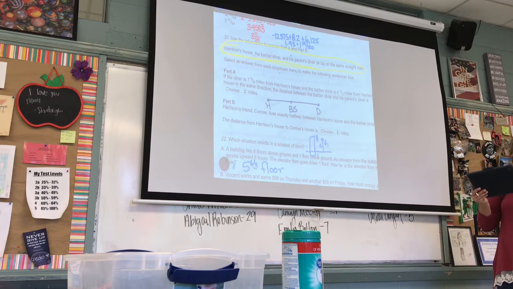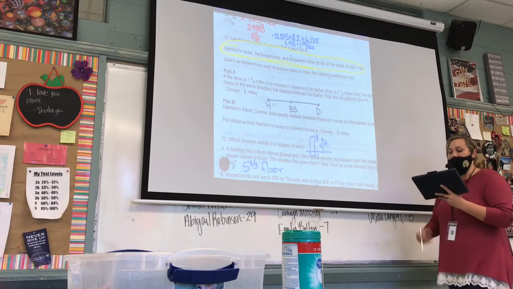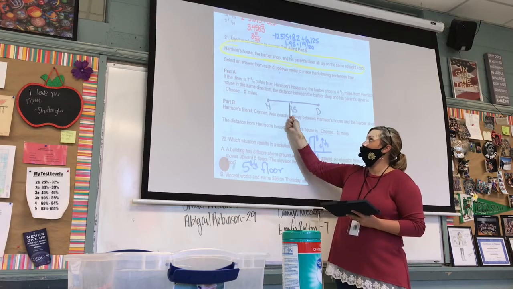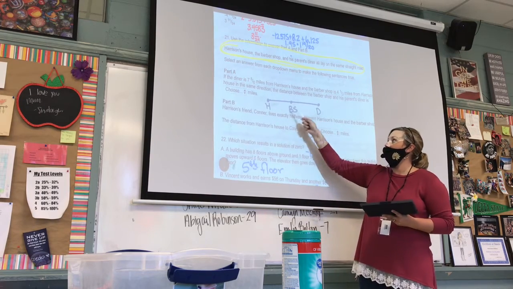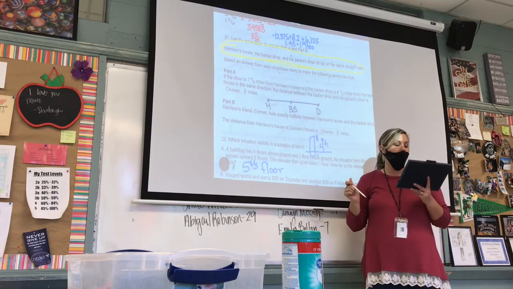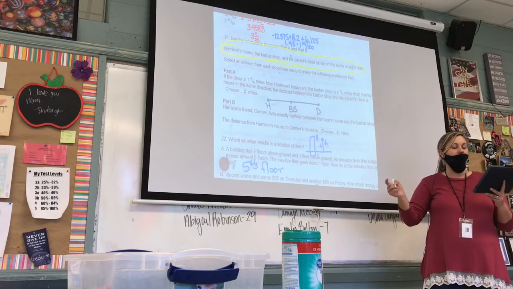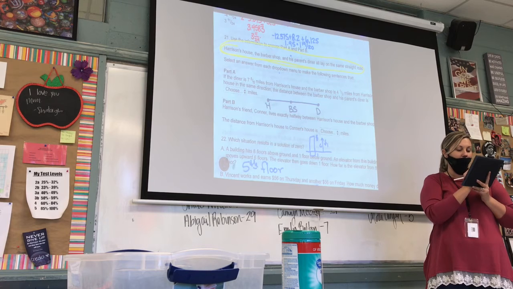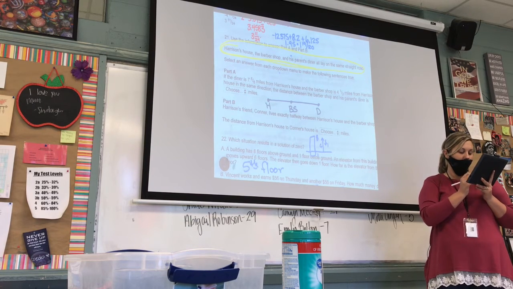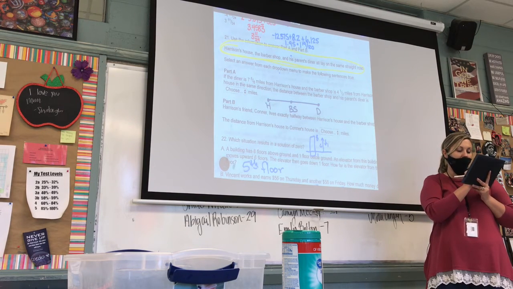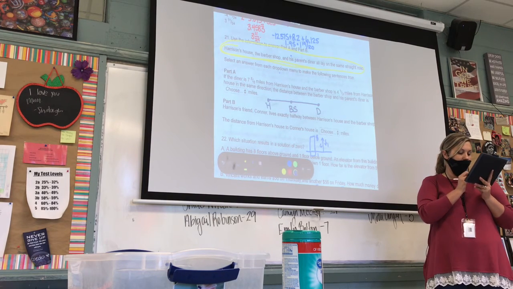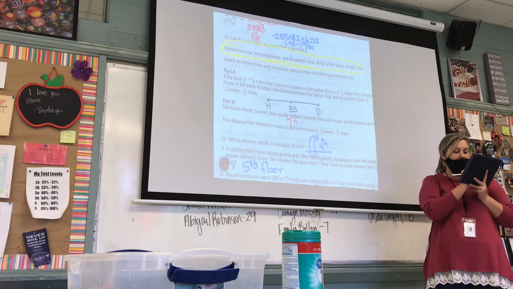Alright, it says the diner is 7 5/6 miles from Harrison's house. Is 7 5/6 this little piece, or the whole length? 7 5/6 from Harrison to the diner. It's the whole length, so I'm going to put it at the bottom, even though I'm running out of room. 7 5/6.